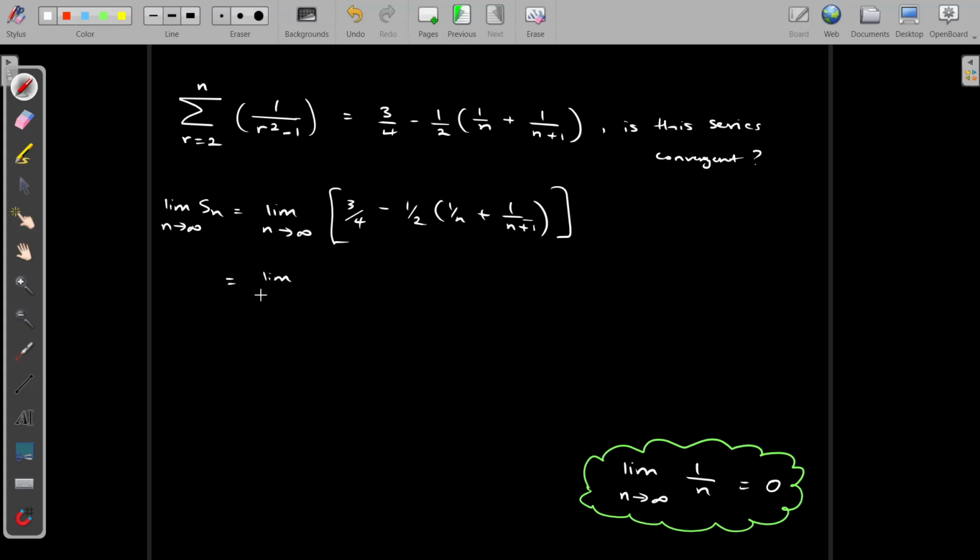So this is just the limit as n tends to infinity of 3 over 4, minus the limit as n tends to infinity, distributing the half, of 1 over 2n, plus the limit as n tends to infinity, well, I wouldn't even necessarily need to distribute the half, but let's just do it, of 1 over 2n plus 2.